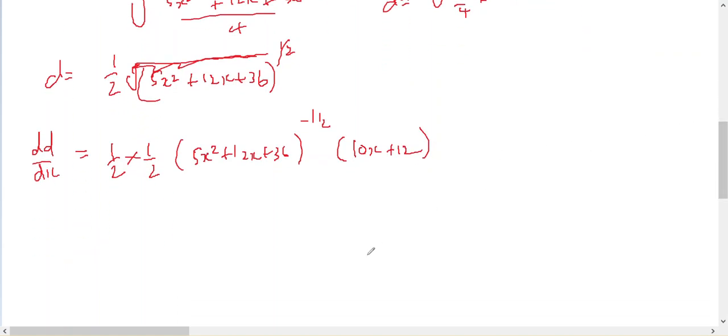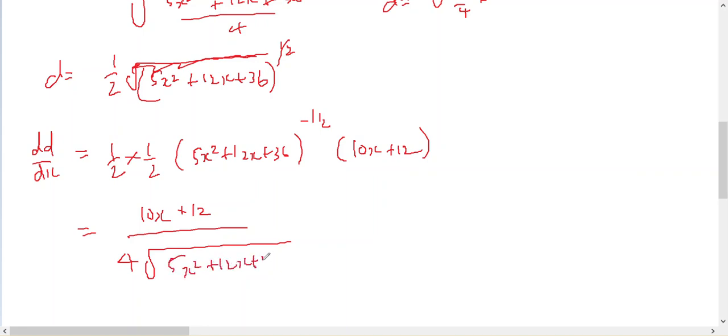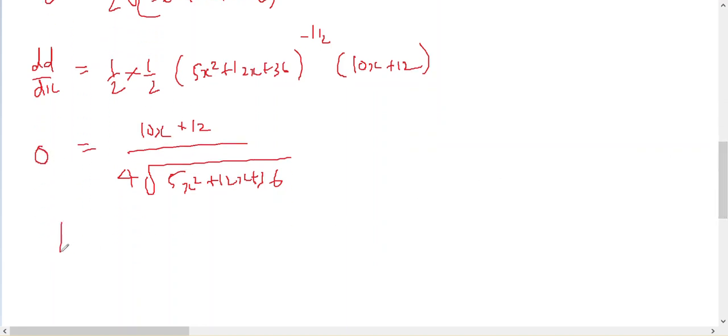And what does that look like? That looks like 10x plus 12 on top of 4, the square root of 5x squared plus 12x plus 36. And that's going to equal 0 only when the numerator equals 0. Therefore, 10x plus 12 equals 0. 10x equals negative 12. x equals negative 6 on 5.